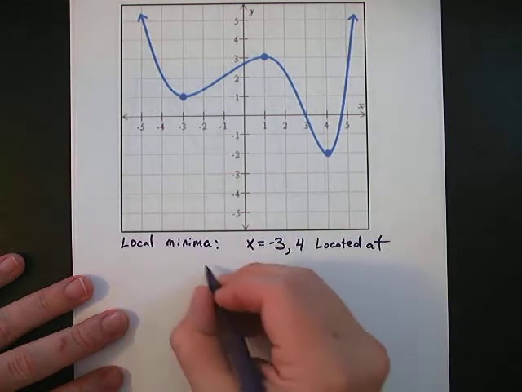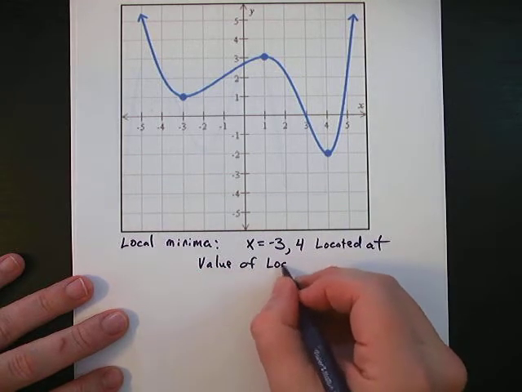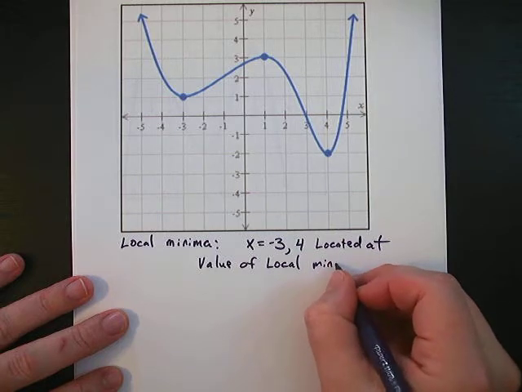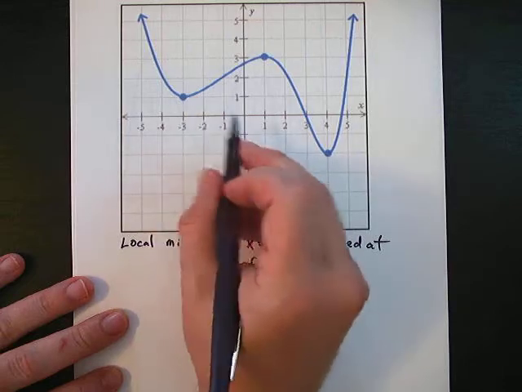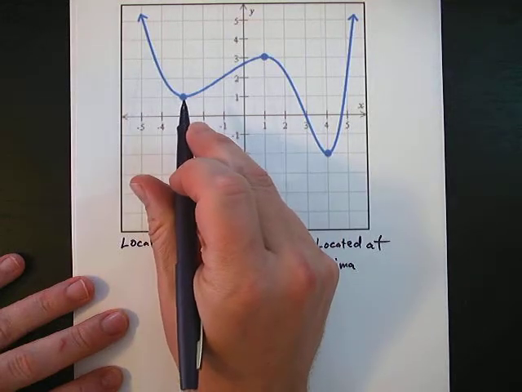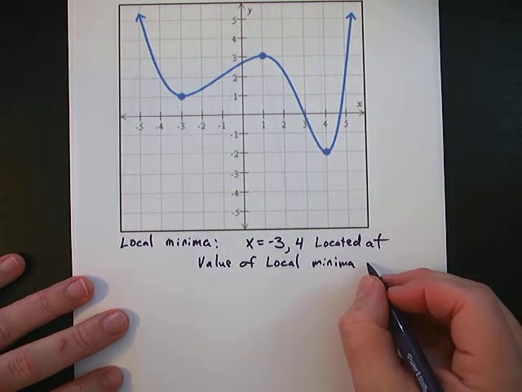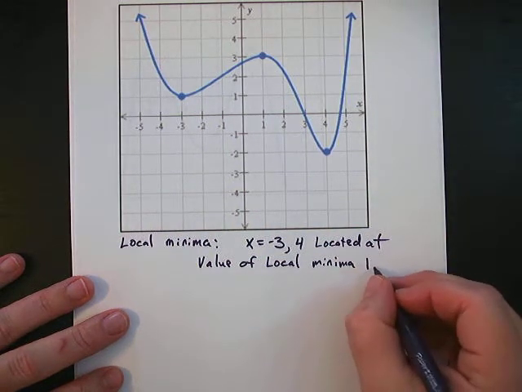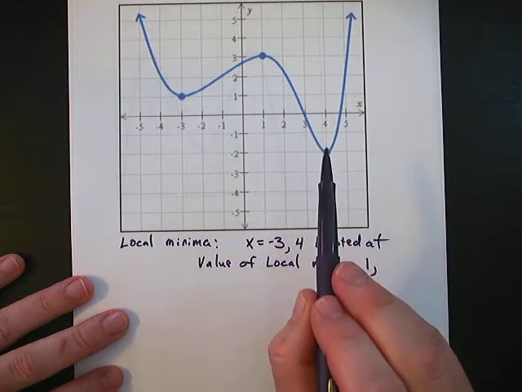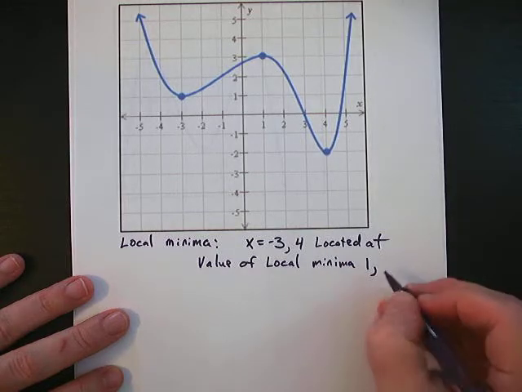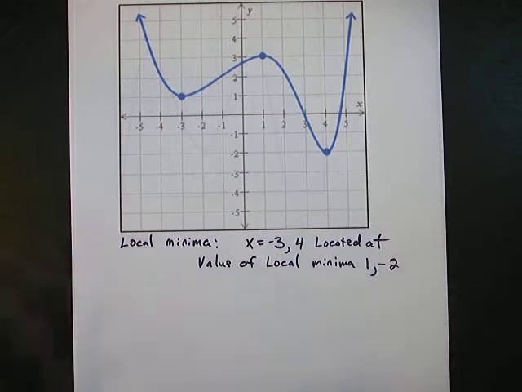The value of the local minima: at -3, we go to -3 on the x-axis, and where the graph is at is 1. So the value of the local minima is 1, and for the other one, we go to 4, and the value of the local minima there is -2, respectively. So you could say y equals those if you want.